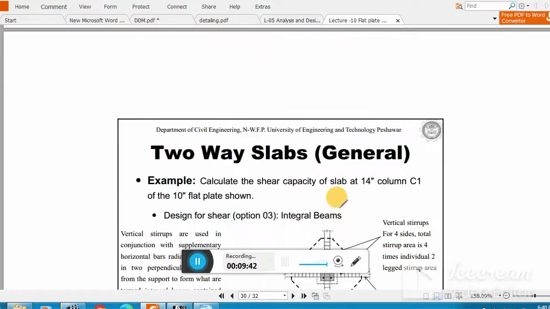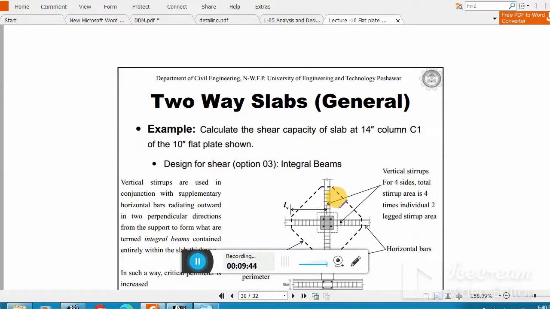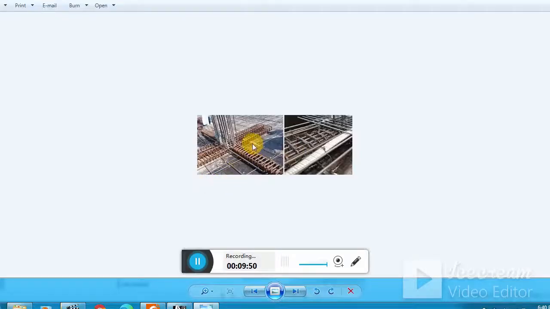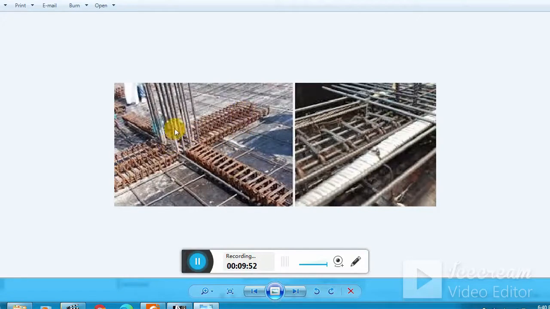After the column capital, the next option, the third option, is integral beams. And you already know integral beams. What is an integral beam? You see, at the place of the column, we just use a beam, an interior beam like a ceiling beam.